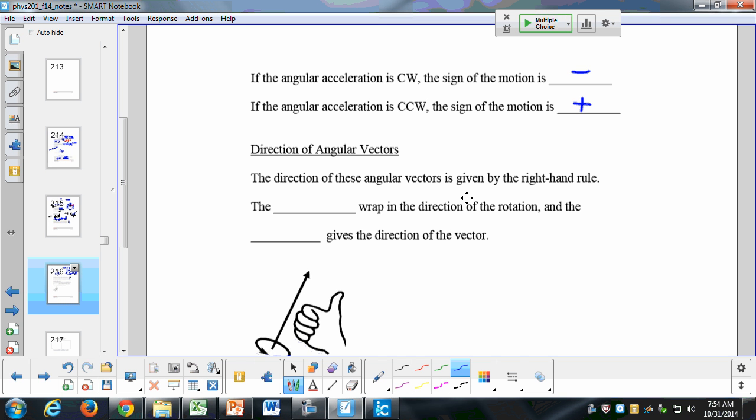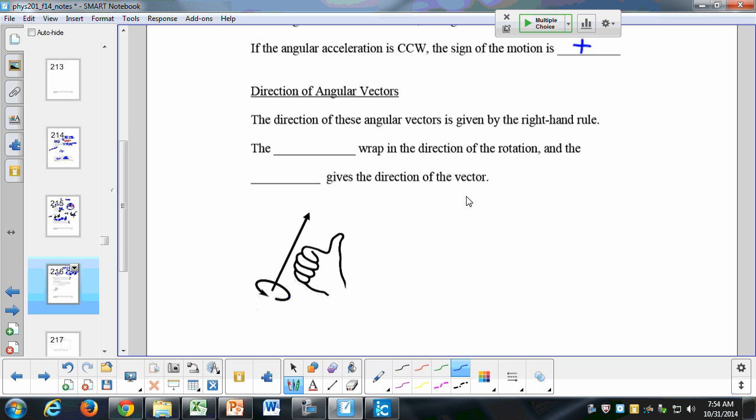The direction is actually going to be perpendicular to the rotation, and we'll find it with something we call the right-hand rule. With the right-hand rule, you take your right hand and let the fingers wrap in the direction of the rotation, and the thumb gives the direction of the vector. We'll use this in the next chapter when we do cross products.